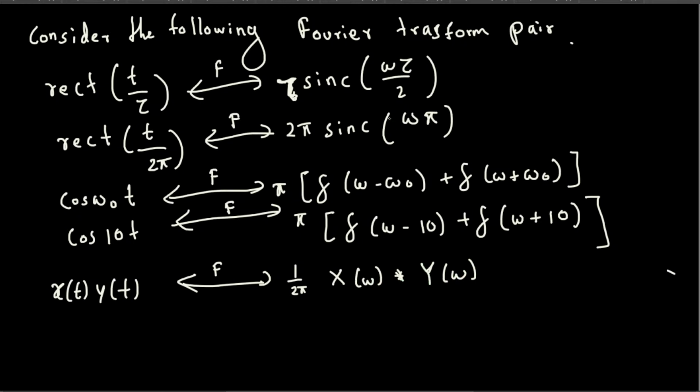For example, we have a rectangular function and a cos function, so the Fourier transform is this. This value is going to be replaced by this, and this value is going to be replaced by this. Okay.